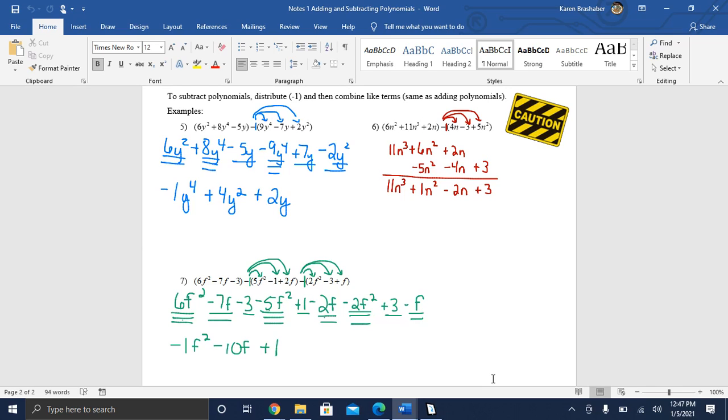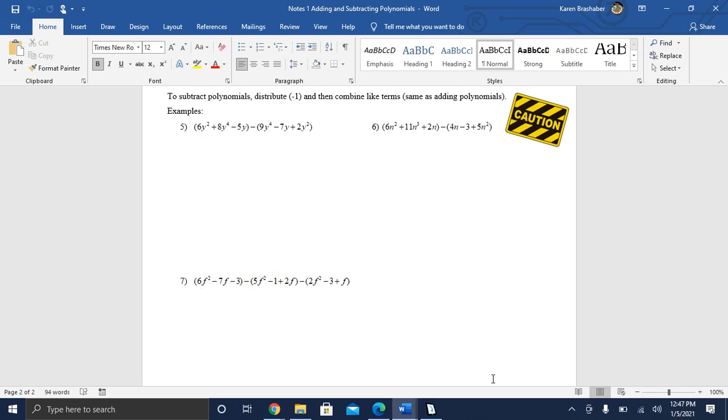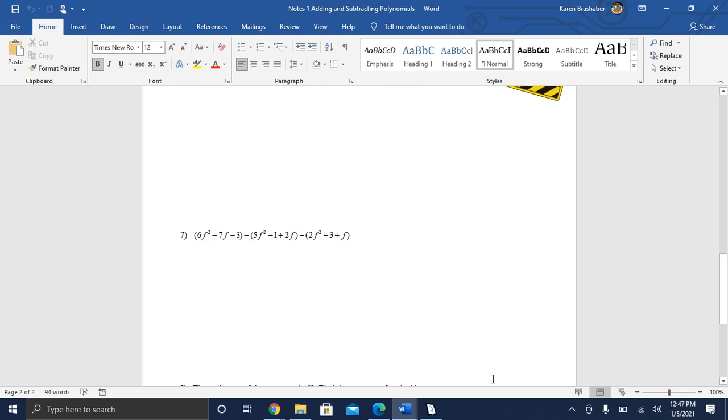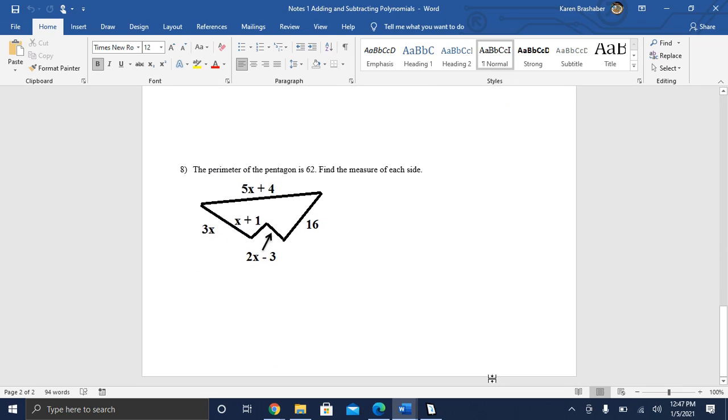We have one last section where we're going to solve an equation. So I'll scroll down to problem number 8. It says the perimeter of the pentagon. Pentagon means that we have 5 sides. So pentagon will be a 5-sided figure.